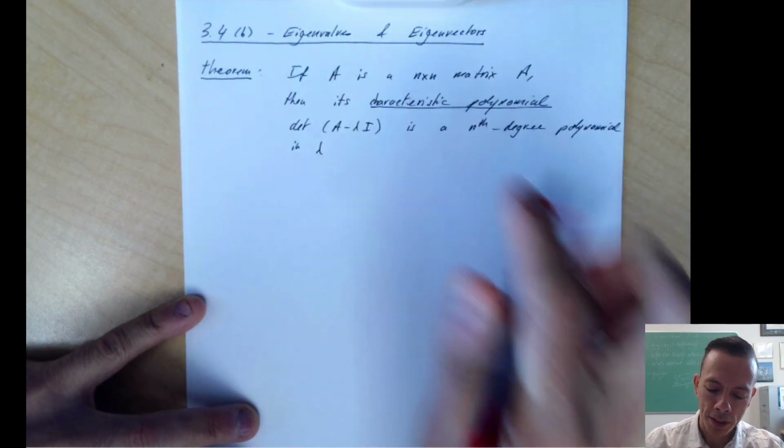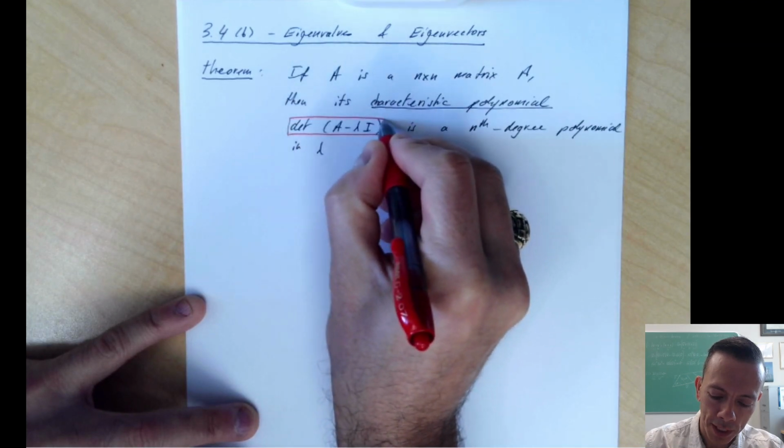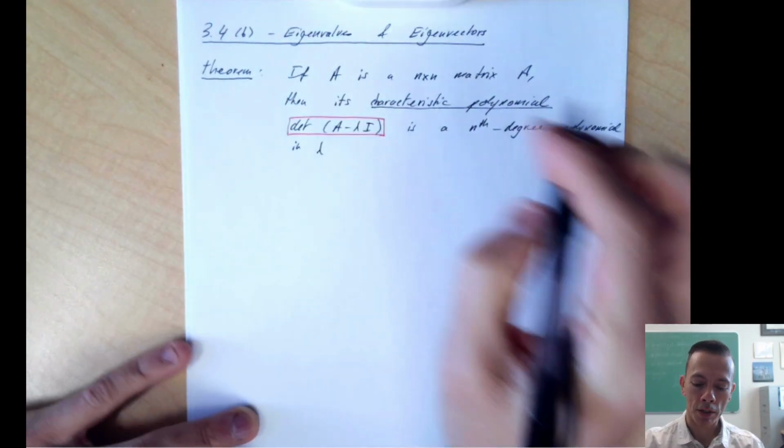And if you take this determinant of A minus lambda I, called the characteristic polynomial, and set it equal to 0, the solutions are the eigenvalues of the matrix A.